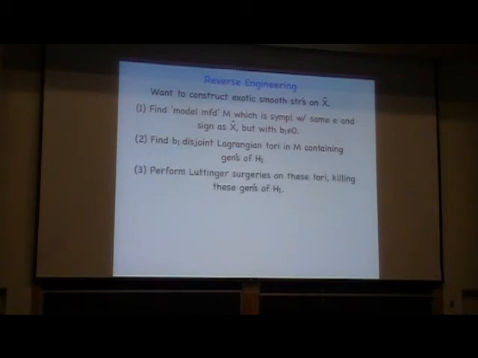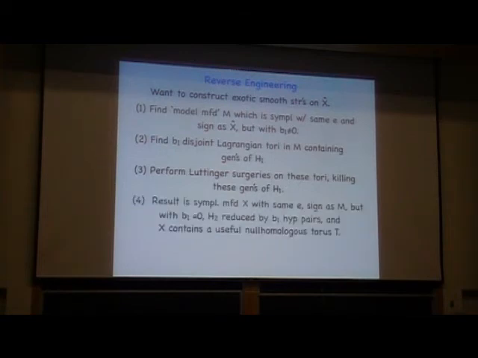And so now you perform Luttinger surgery on those tori. It kills H1, and the result is going to be a symplectic manifold with the same Euler characteristic and signature as your model, but with b1 equals 0. And the second homology, each time you do a surgery, will be reduced by a hyperbolic pair.